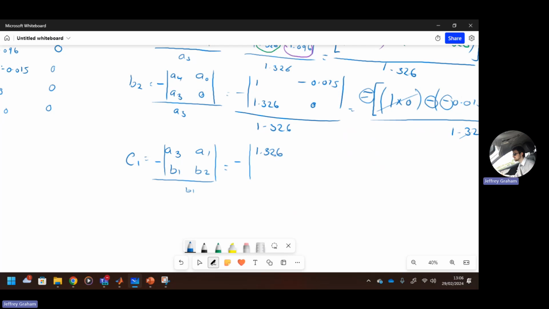One, 1.326, 1.096, 1.392, minus 0.015, all divided by 0.392.